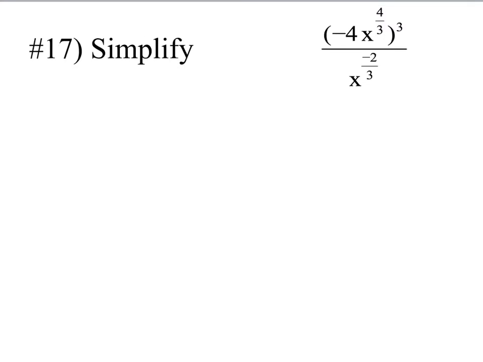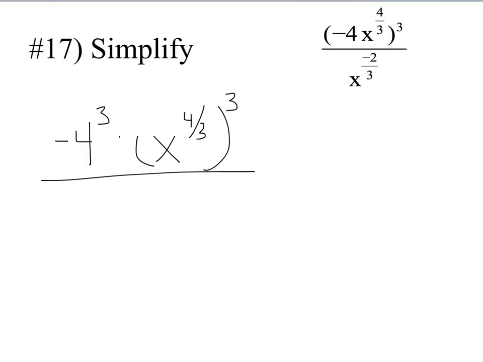Okay, the first thing you need to do on this problem is give your cube to both the -4 and the x to the 4/3 because of the parentheses. So it's -4 cubed times x to the 4/3 cubed all over x to the -2/3. -4 cubed is -64.